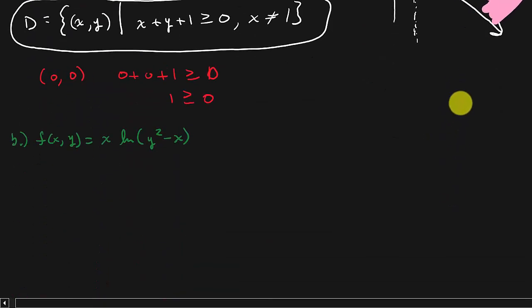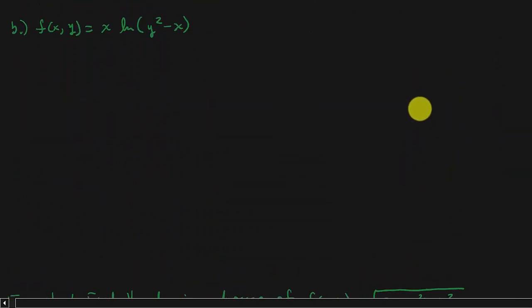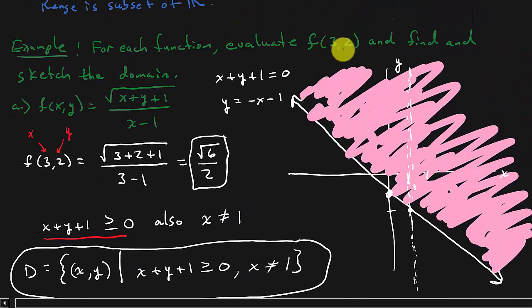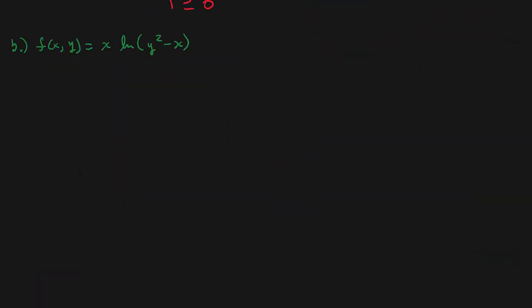All right. So let's head on to the next problem. I didn't leave myself a lot of room on this one either, did I? All right. So they want us to evaluate the function at 3, 2. Isn't that right? Yeah, find f of 3, 2. All right.